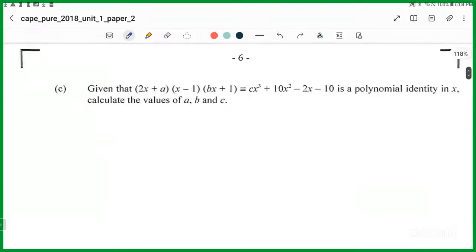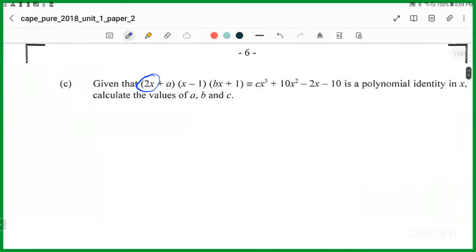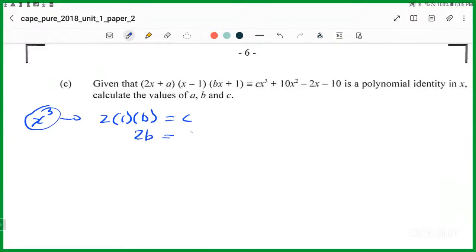Right, so two things. This times this equals this, right? So setting that up first, it's 2 times 1 times b equals c. That's for the x cubed. That's how we get the x cubed, right? Which means that 2b equals c.